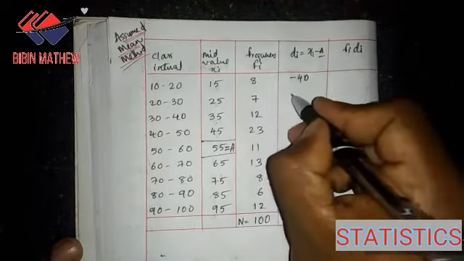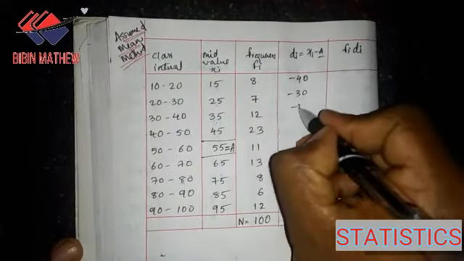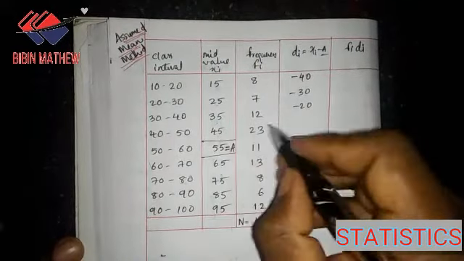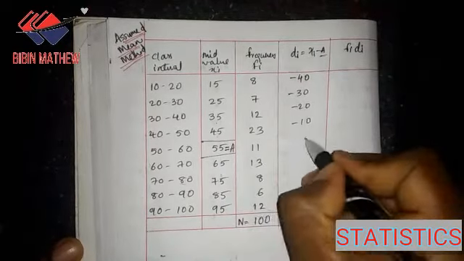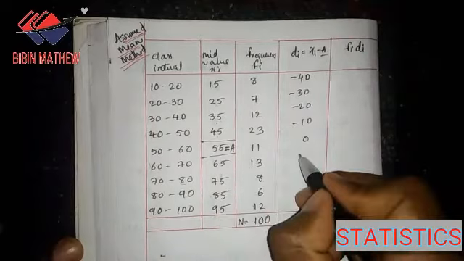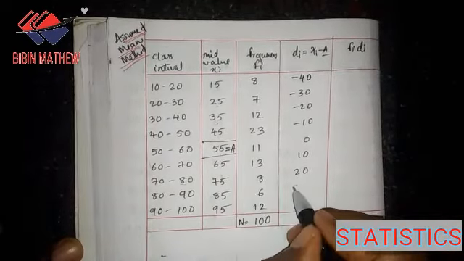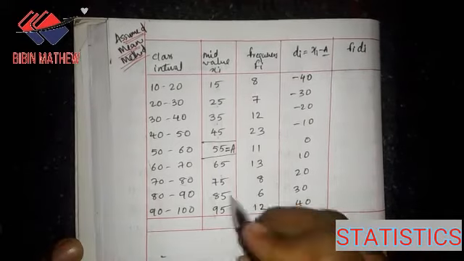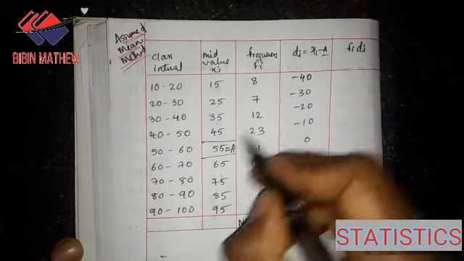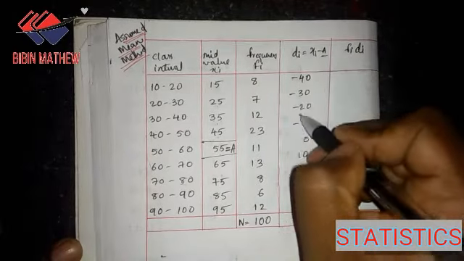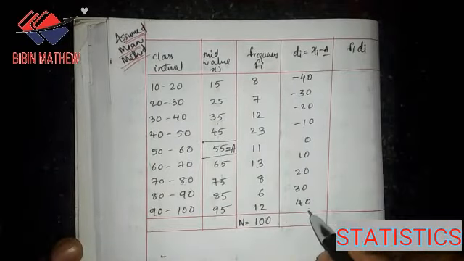It is minus 30. 35 minus 55, minus 20. 45 minus 55, minus 10. 55 minus 55, 0. 65 minus 55, 10. Here it is 20. Here 30. And then 40. यानी कि हर एक नंबर को 55 से माइनस करके इधर लिखना है. सो एक एक नंबर को 55 से माइनस करिए, इधर लिखिए, तो इतना नंबर्स मिल गया.